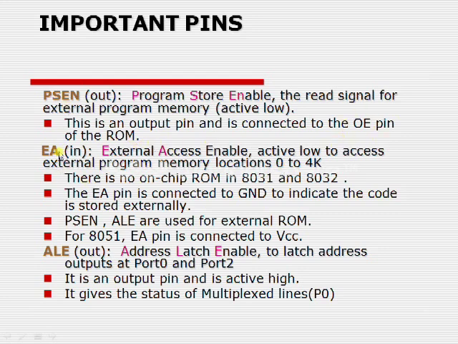And then we have one more pin, that is external access, which is mainly used for enabling the external access. Here it is an active high pin, so a logic 1 is to be connected to this particular pin. For example, assume that in case of 8051 we have only 4 kilobytes of ROM. Assuming that we have written one application code whose size is more than 4 KB, then I cannot store all of the code inside my internal memory.